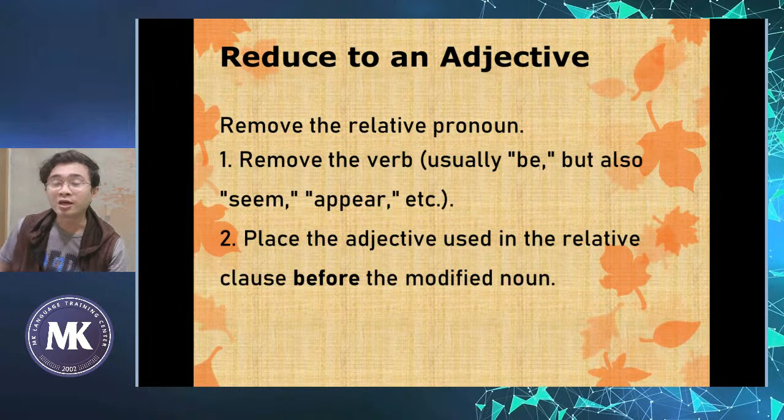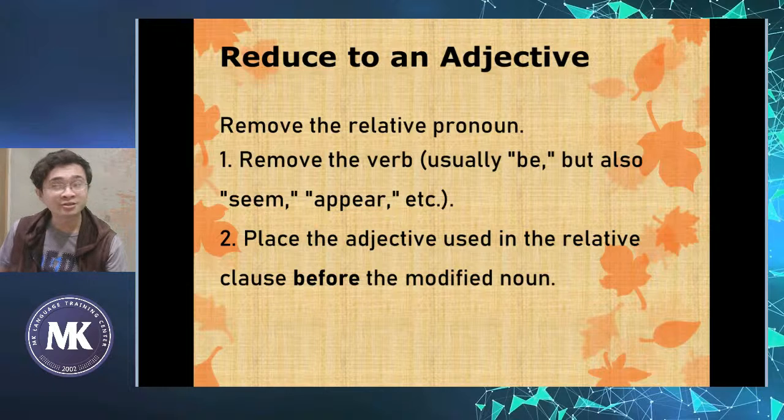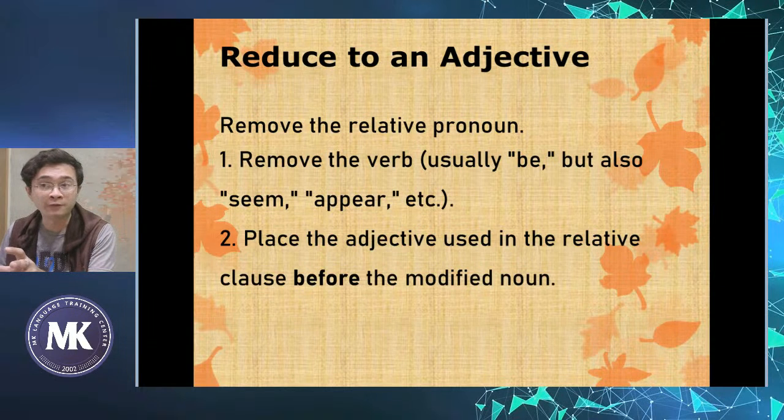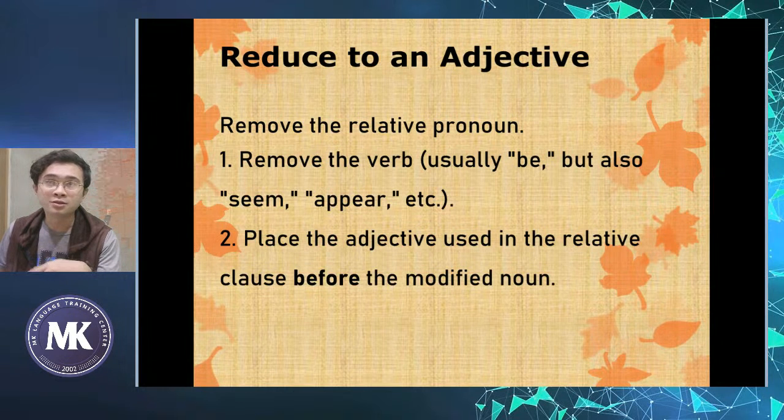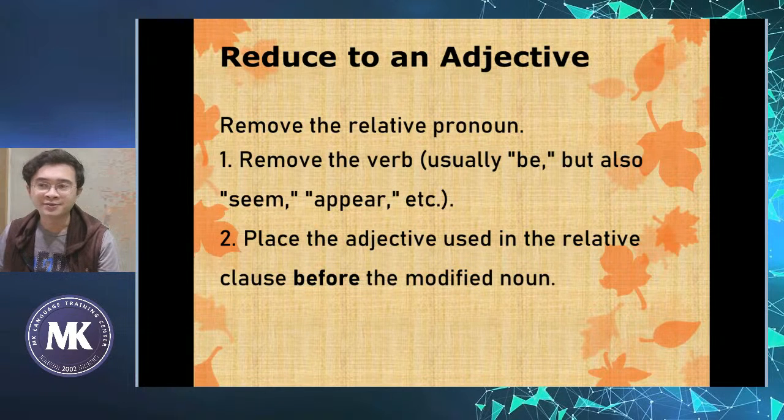Then second, remove the verb. Usually be but also seen appear. So commonly for our adjective clause, somehow there's like the WH and followed by be verb or be form. But also we can use any kind of sense verbs like seem, appear, look in our sentence. And yeah, we need to remove the relative clause, and we need to remove also the be verb of the sentence. And then place the adjective used in the relative clause before the modified noun.